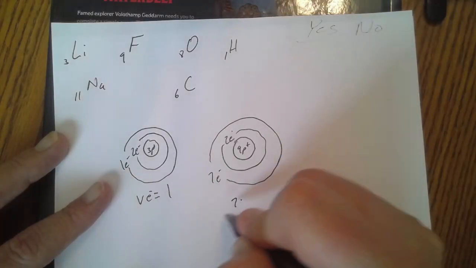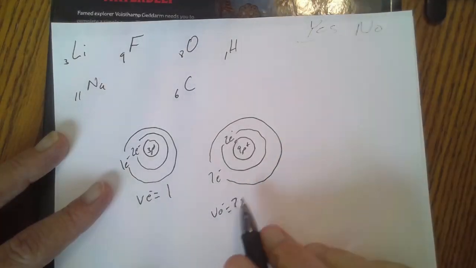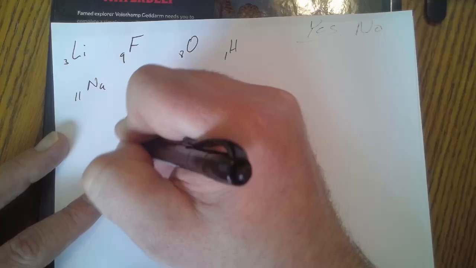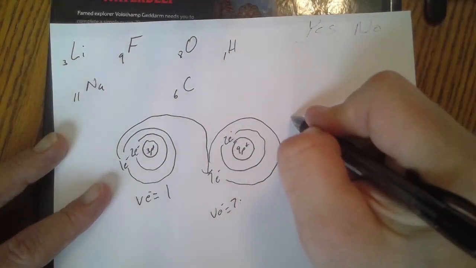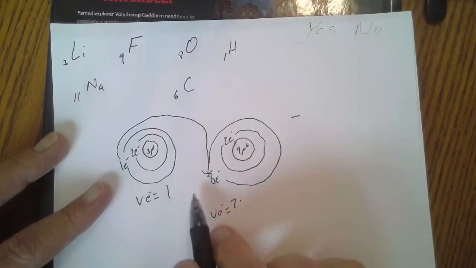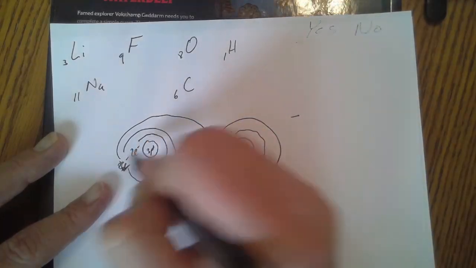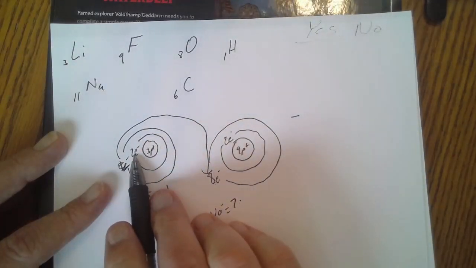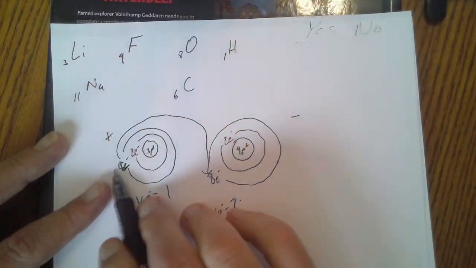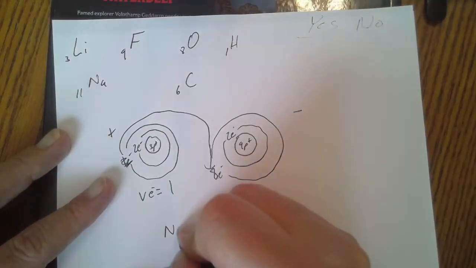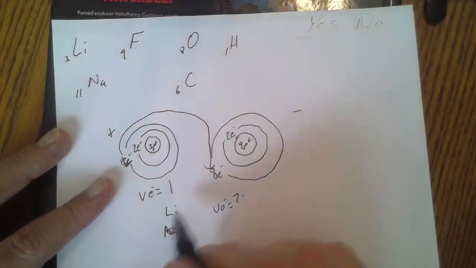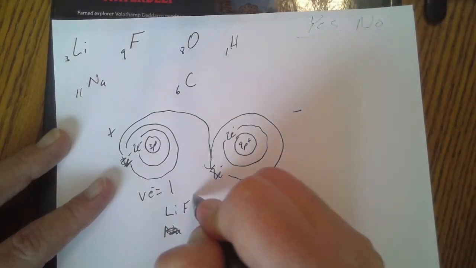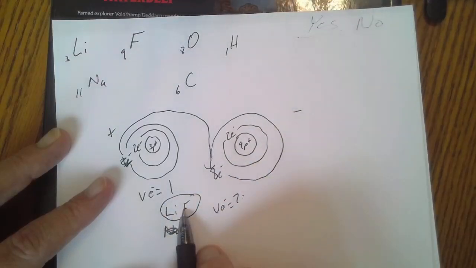This has 7 valence electrons. This 1 electron here will bounce to here, making this have a negative 1 charge, an 8, and then this will have just that 2, and it will have a positive 1 because it lost 1. That positive charge from the lithium, not sodium yet, and the fluorine will cause lithium fluoride.